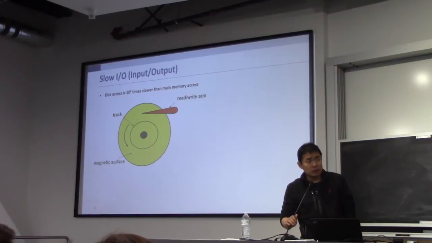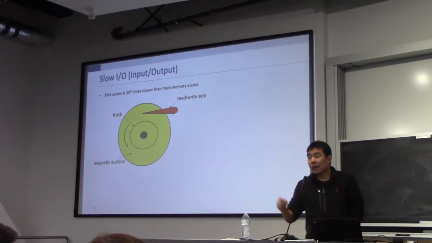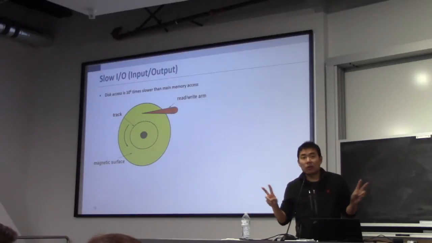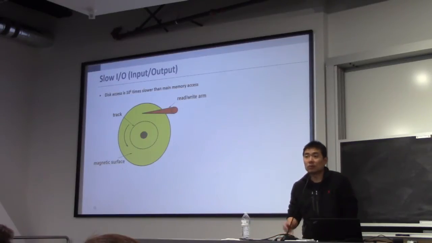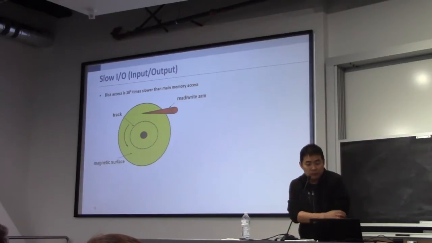The benefit of doing this is that the magnetic field is quote-unquote persistent, meaning even if you lose power to your system, this information is still kept there forever. That's why a hard drive is non-volatile.